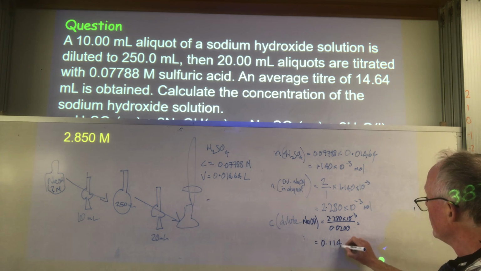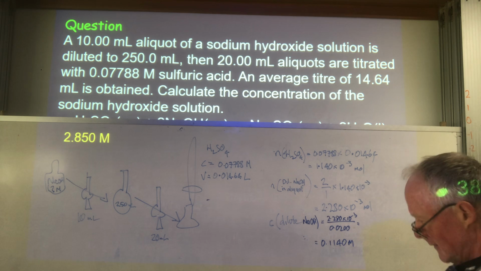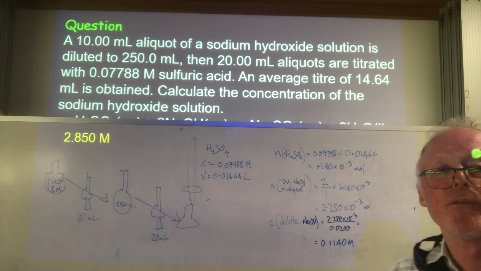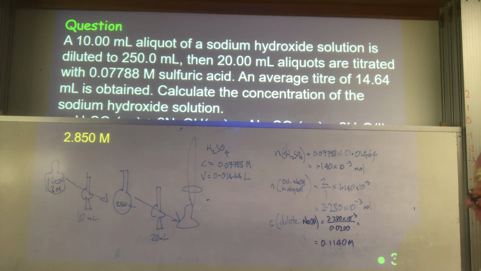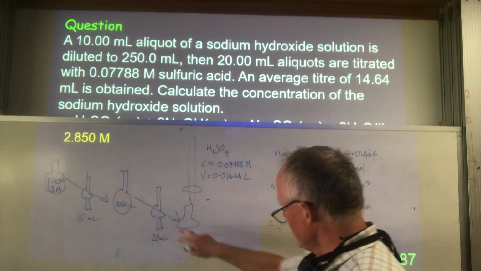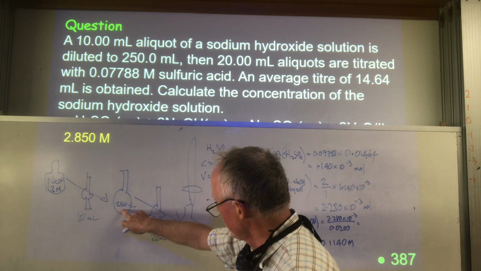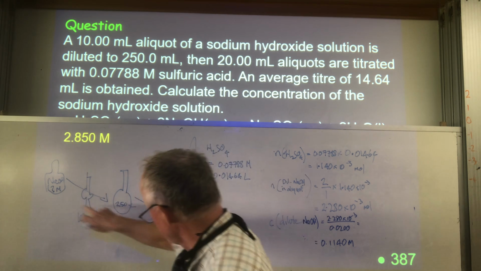And that gives us that. I'm going to run out of space here. I can move over. Okay, so that's the concentration of our diluted sodium hydroxide. What was the concentration of our original sodium hydroxide?